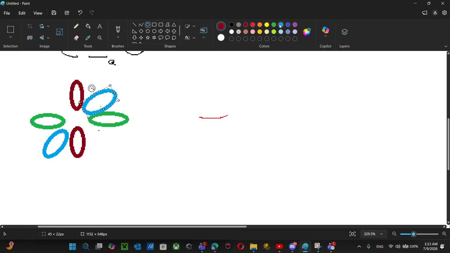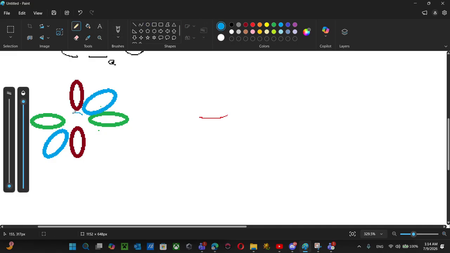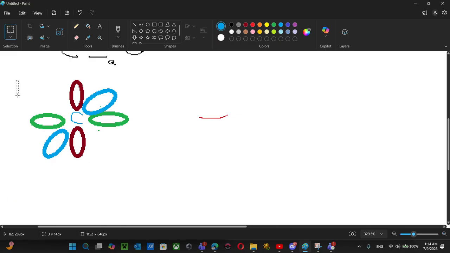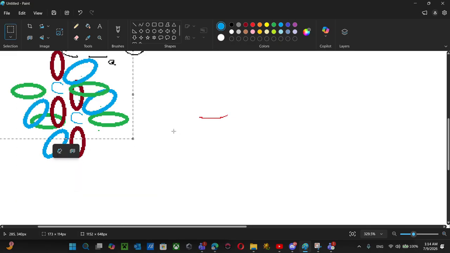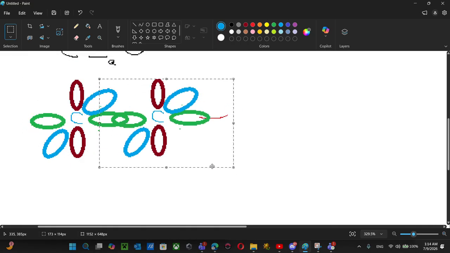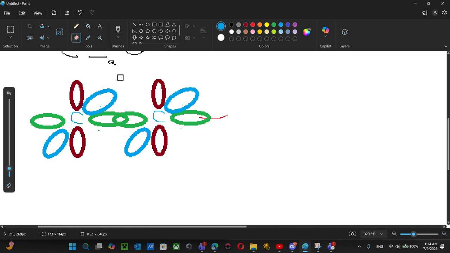So this one, let's say this one will be carbon, and this is. Let's copy this, paste it, and like this. Now we replace this one with the oxygen.